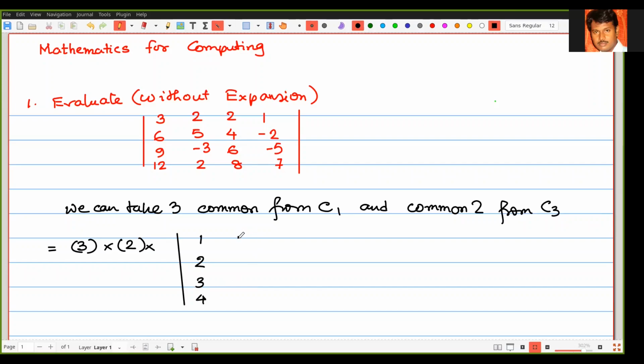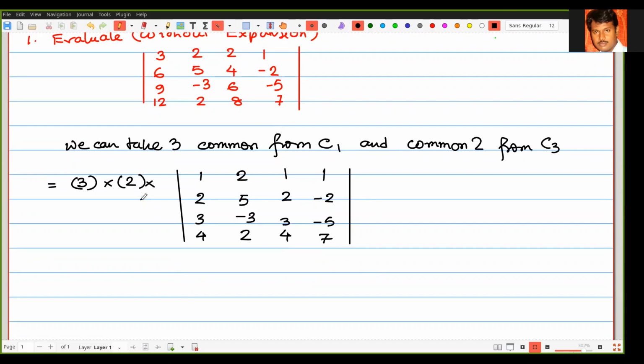Second column is unchanged. So 2, 5, -3, 2. Third column is now 1, 2, 3, 4. And the fourth column is 1, -2, -5, and 7. Column 4 is also unchanged.